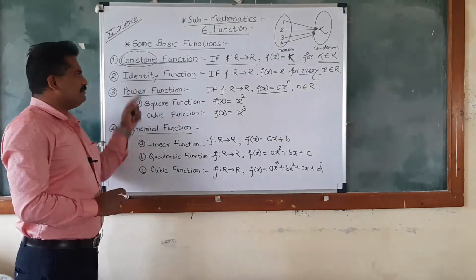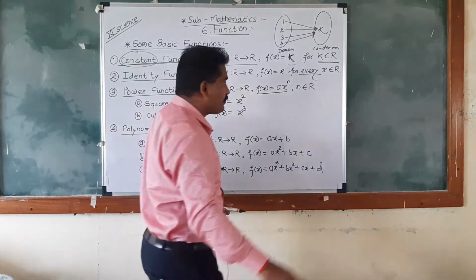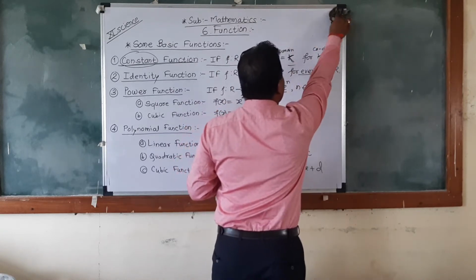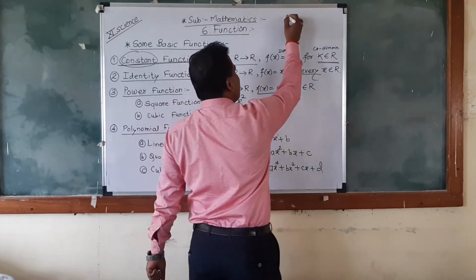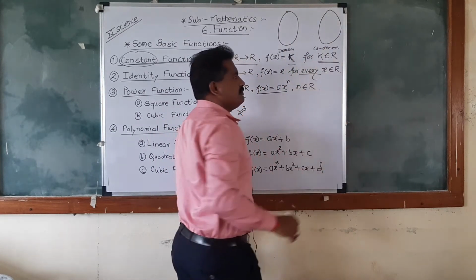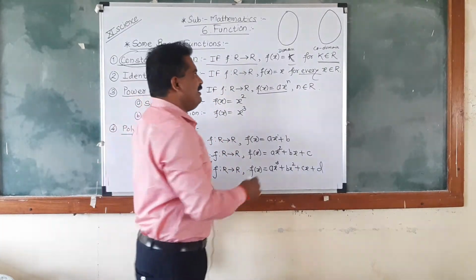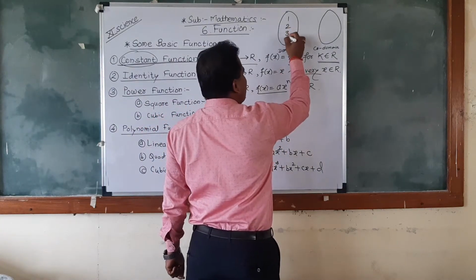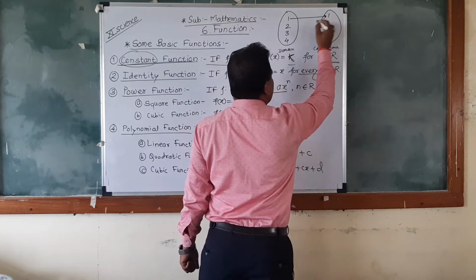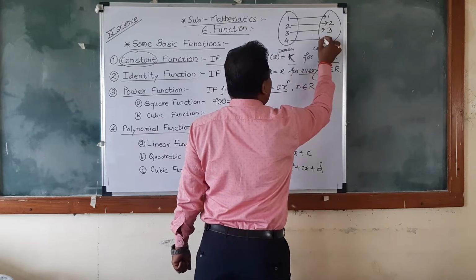Second, identity function. Identity function means every element in the domain has the same image in the codomain. If the elements in the domain are 1, 2, 3, 4, then 1 maps with 1, 2 maps with 2, 3 maps with 3, 4 maps with 4.